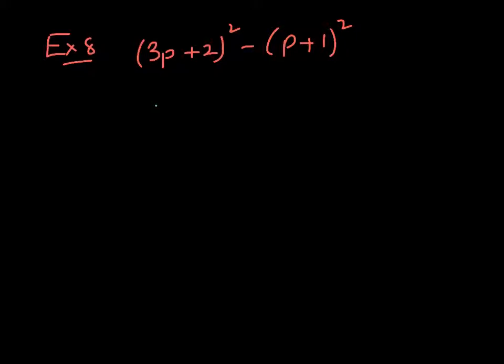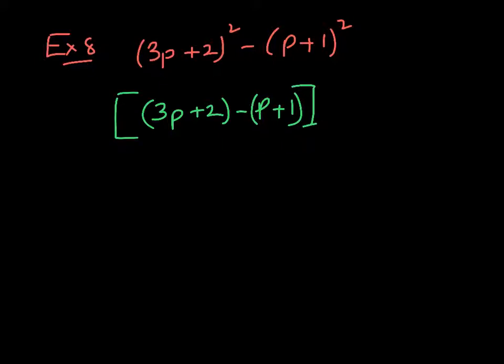So it's going to be what? 3p plus 2 minus p plus 1 into 3p plus 2 plus p plus 1. Okay, so now we can simplify this.